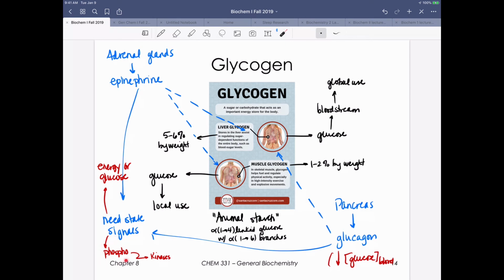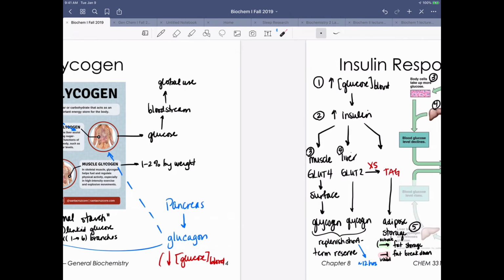So I do want you to continue to remember that need state signals put us in a phosphosystem, which means we are going to be decorating things with phosphates via kinase enzymes. So again, the flip side of that is if we're in a fed state, we're going to be in a dephosphosystem, and we're going to be using phosphatases to kind of remove those phosphate decorations.